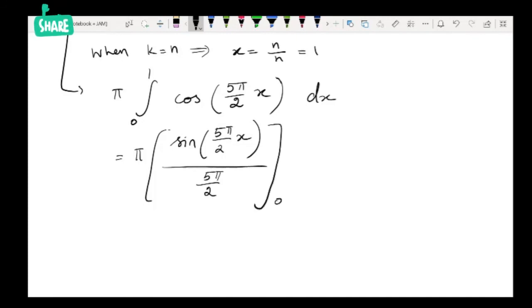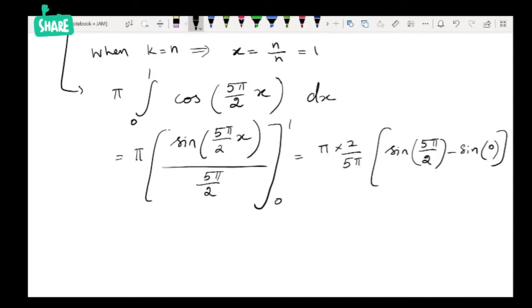Upper limit is 1, lower limit is 0. Before doing that, let's take the 5 pi by 2 to the numerator. It will become 2 by 5 pi into sine 5 pi by 2 minus sine 0. Sine of 5 pi by 2 is 1 and sine 0 is 0, so we'll be getting 2 by 5.